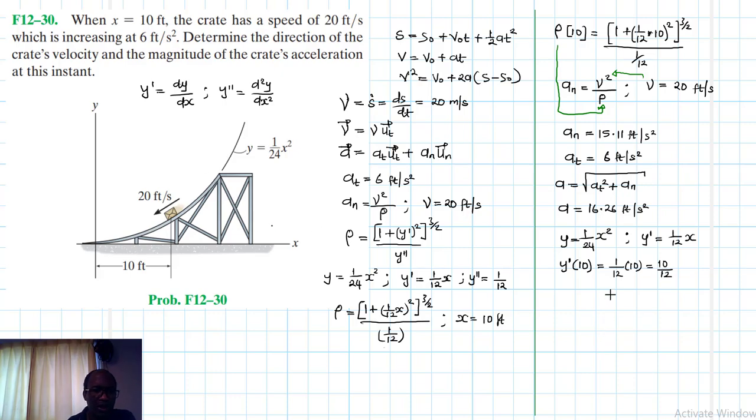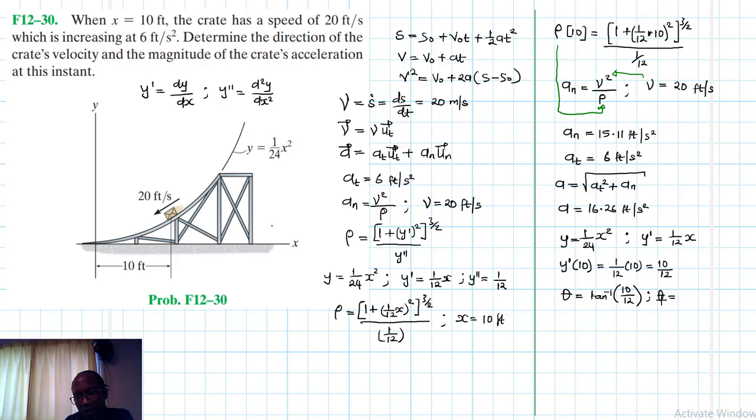So let's now find this angle in degrees. Theta is equal to tan inverse of 10 divided by 12.